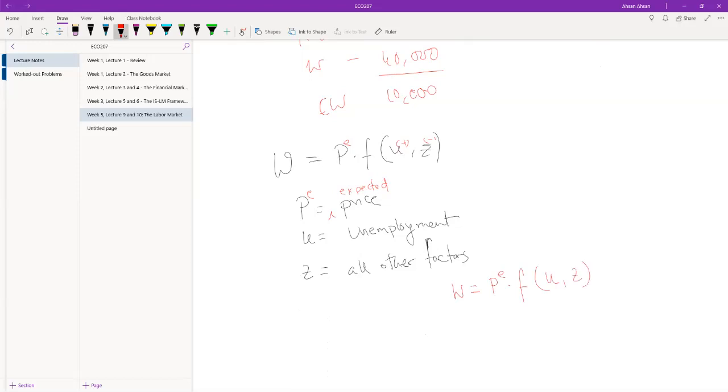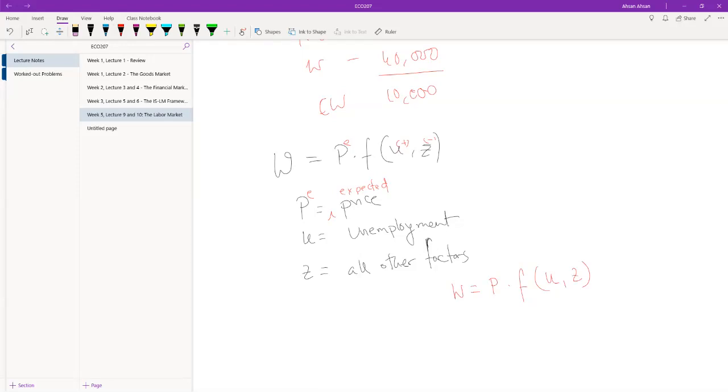Okay. So for the rest of the chapter, we are going to assume that price is what you expect it to be. So you're just looking at the price level, because remember what I said at the very beginning is that we are going to introduce price into our model in this chapter, but we're not really going to let price move around.